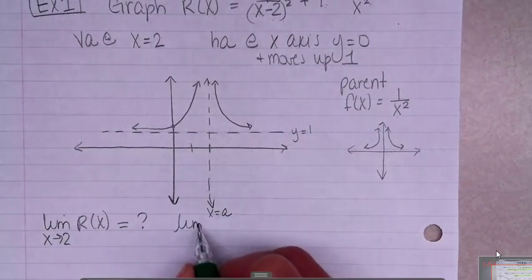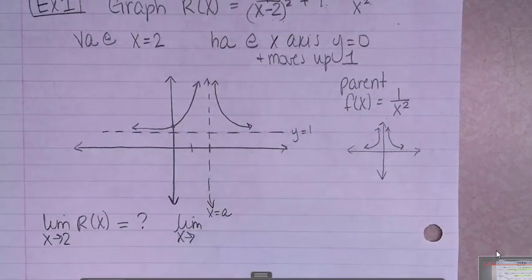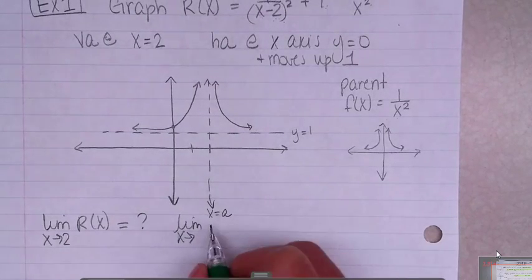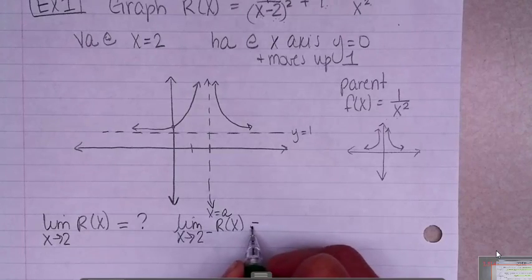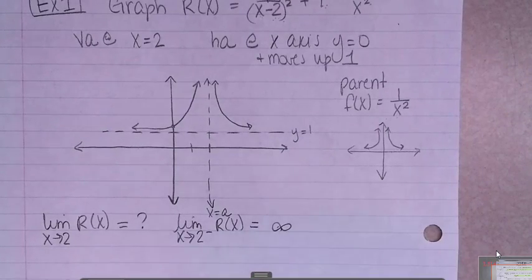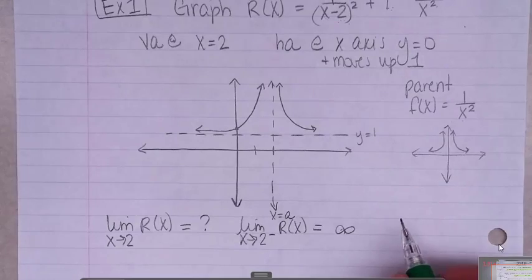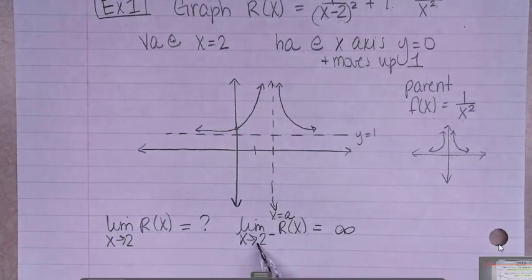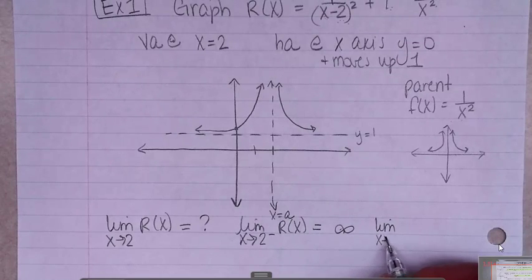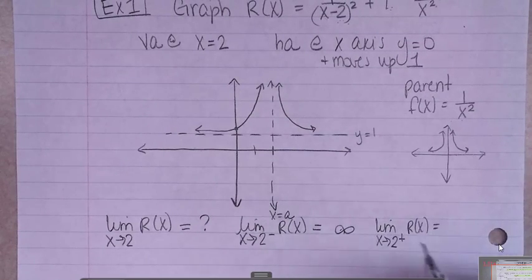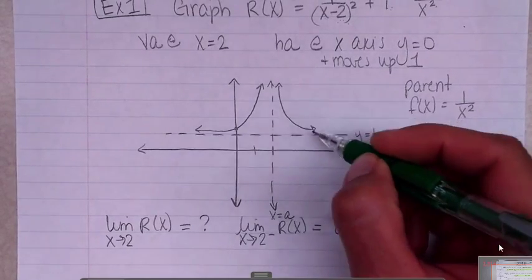So the limit as x goes to 2 from the left of r of x equals, it looks like it's going to infinity. Now let's look at it as we approach 2 from the right. The limit as x goes to 2 from the right of r of x also appears to be going to infinity.